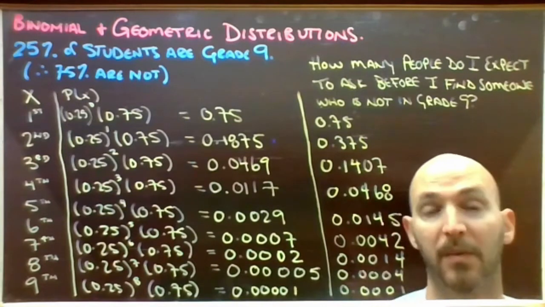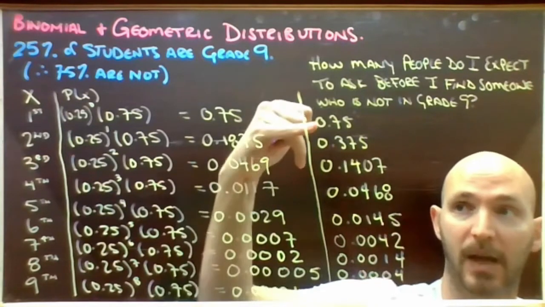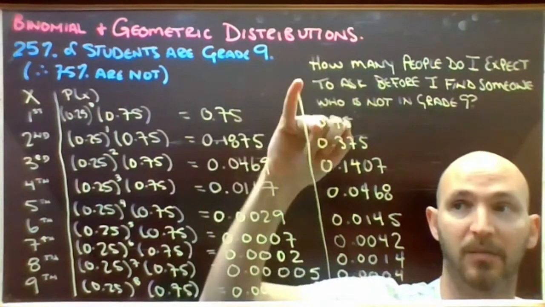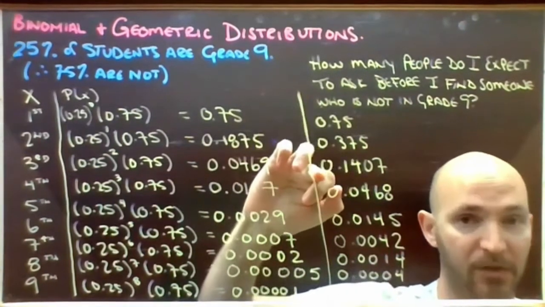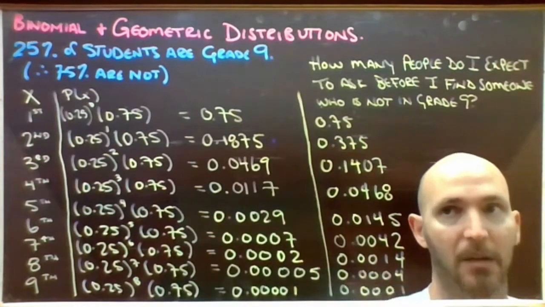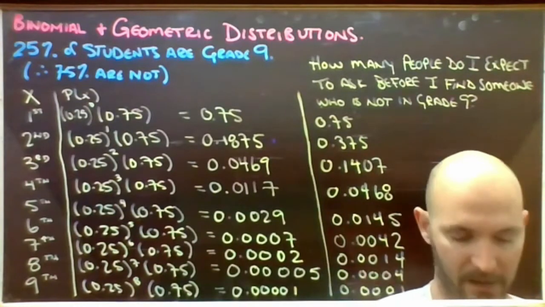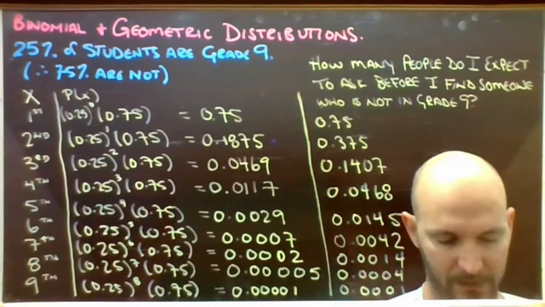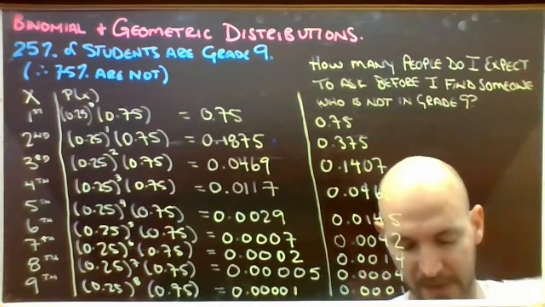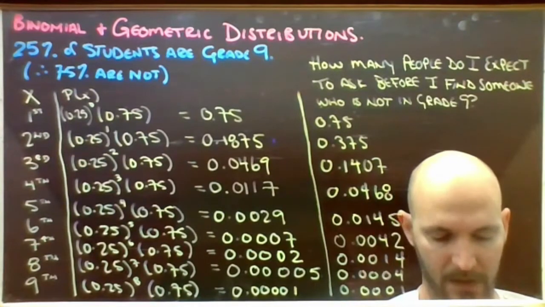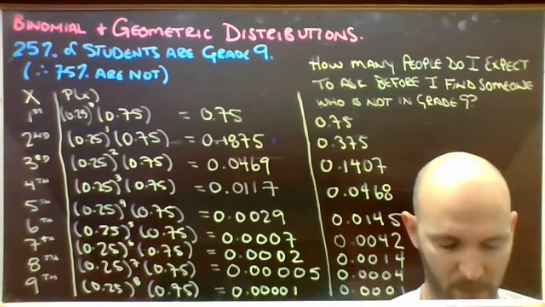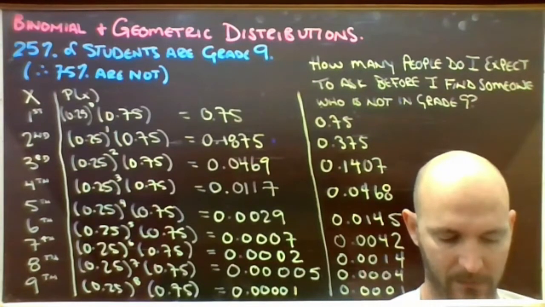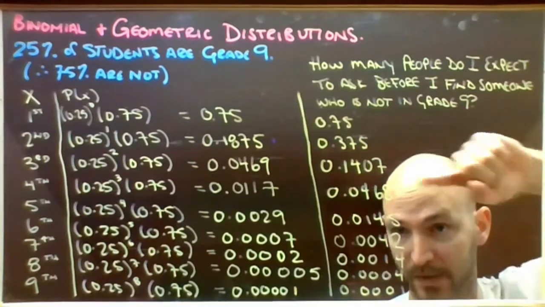Okay, so when we were doing expectation values for games, you had to take the amount that you budgeted here plus the amount that you budgeted here plus the amount you budgeted here, and you had to add them all up. So I'm going to do the same thing. I'm going to take 0.75 and I'm going to add 0.375 and I'm going to add 0.1407 and then I'm going to add 0.0468 and then I'm going to add 0.0145.